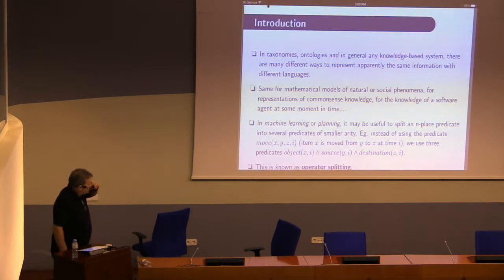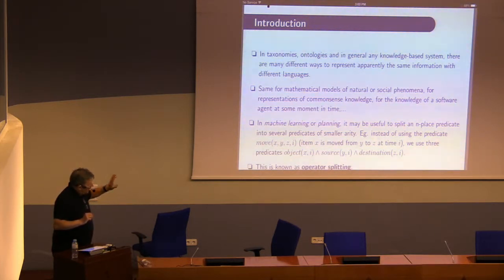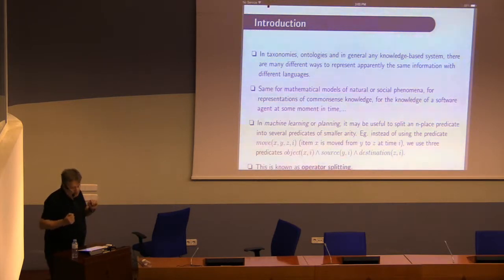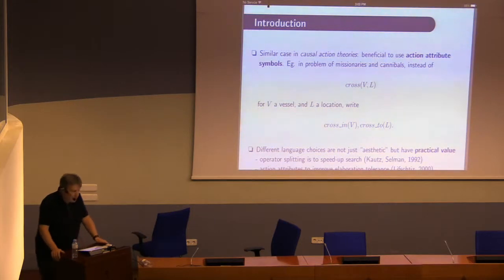So for example, instead of having an expression like move an item X from Y to Z at a certain time I, you could have three different predicates: one to tell you that X is an object, that it's moving to Y, and that there's a destination Z at time I. This is known as operator splitting, introduced by Kautz and Selman in a famous paper.